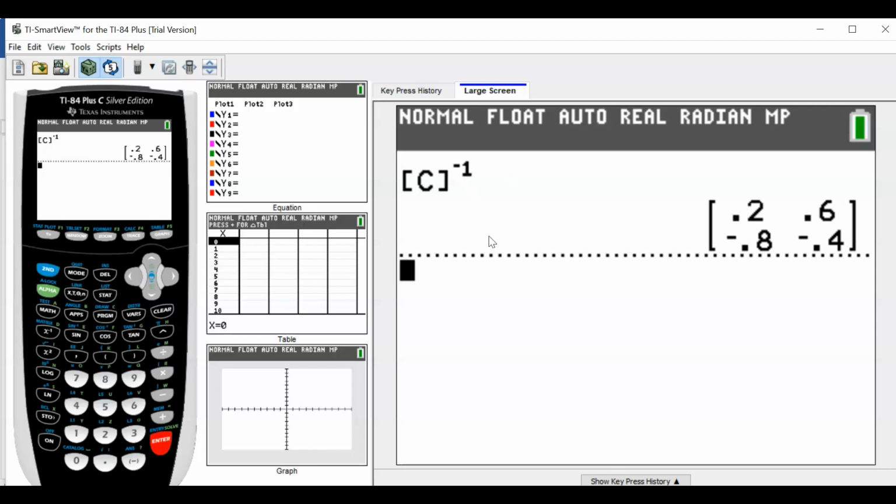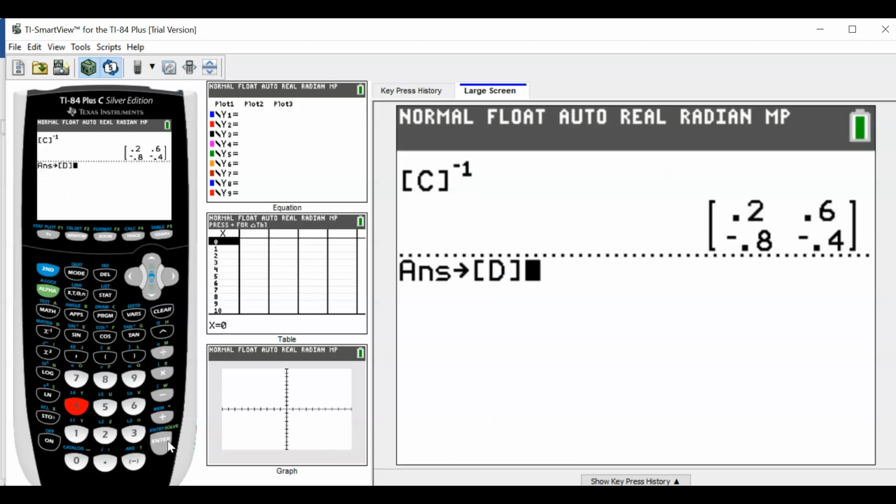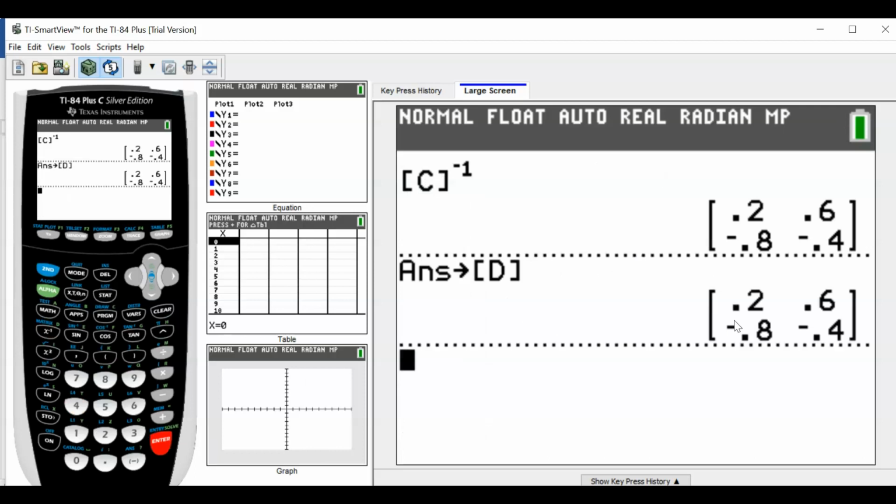If I wanted to store this matrix in another place, I could hit store right down here by the 1, and then go back into the matrix menu and say I actually want that to be my new matrix D. So now my matrix D would do the reverse of what I did.